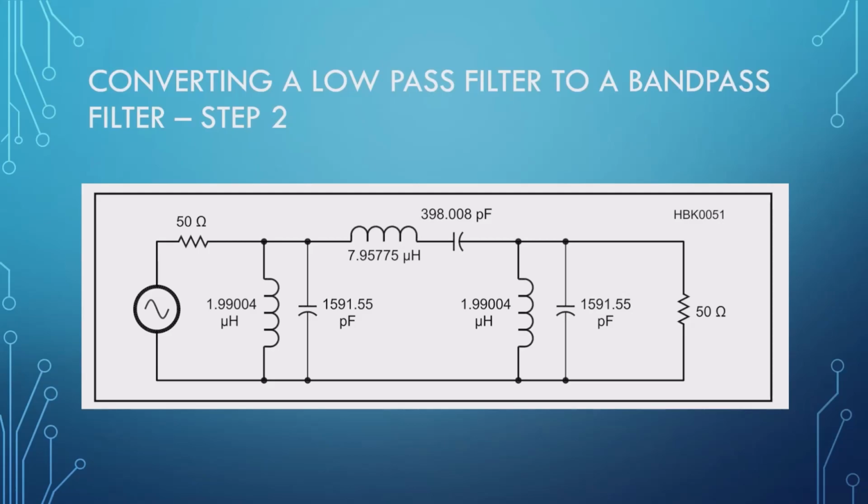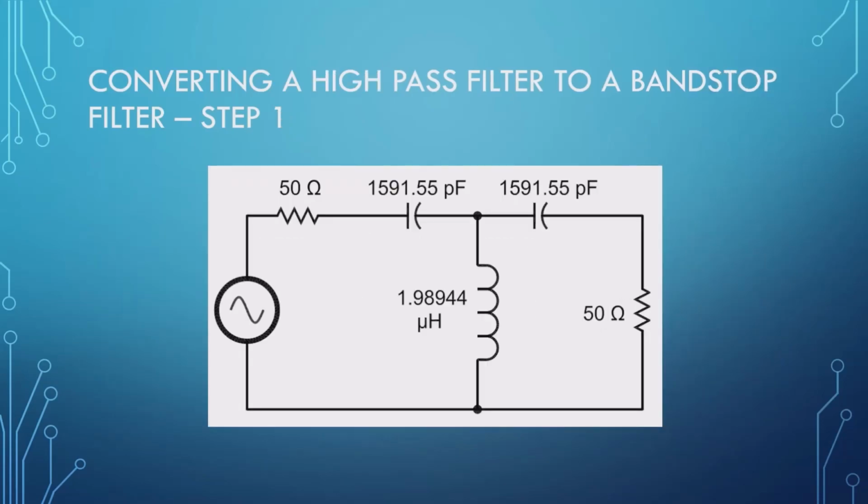Now, if we have a high pass filter, we can make changes to it to create a band stop filter. Where our two capacitors are, we're going to build two parallel resonant circuits to allow the band to go through below our low cutoff frequency and allow the signal to go through above our high cutoff frequency.